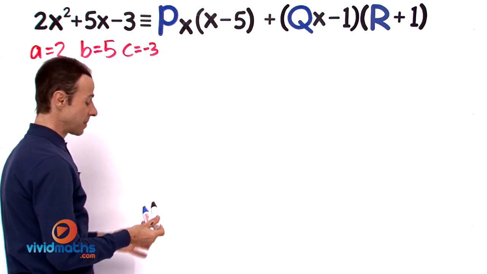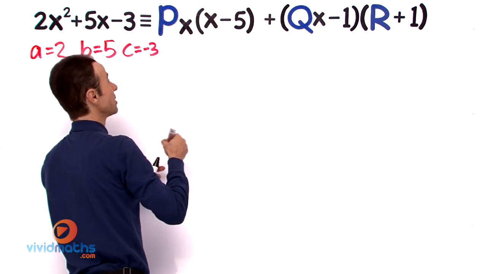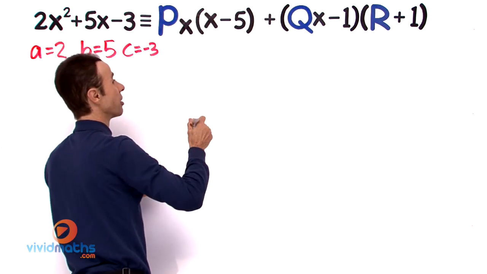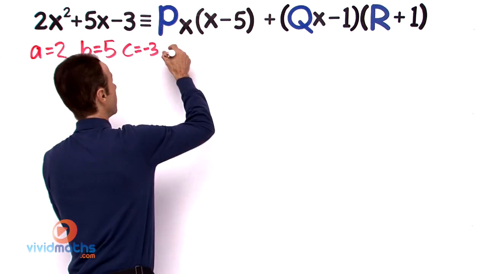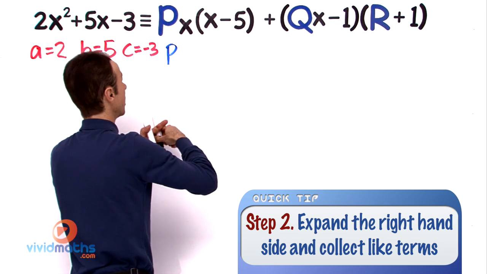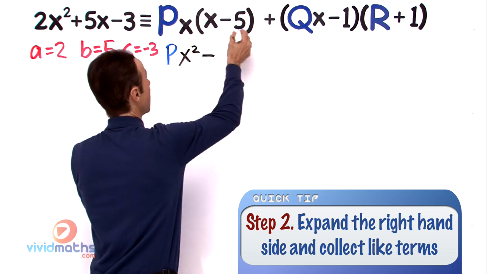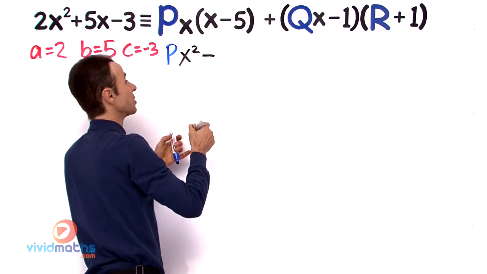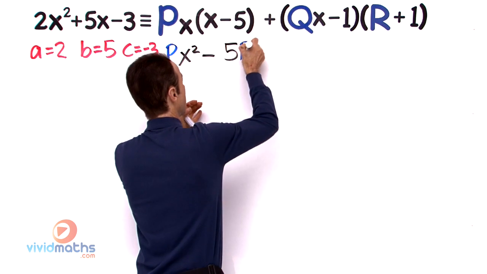Okay, let's start expanding this right-hand side. We've got px times x. I'm going to expand that. So px times x is going to be px squared, isn't it? Minus px times 5 is 5px, is it not? So that's 5px.